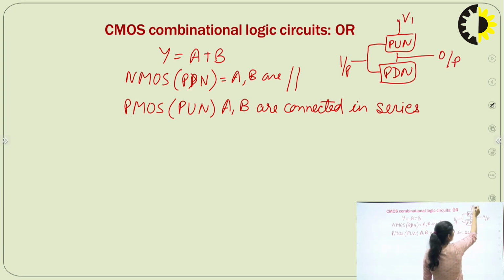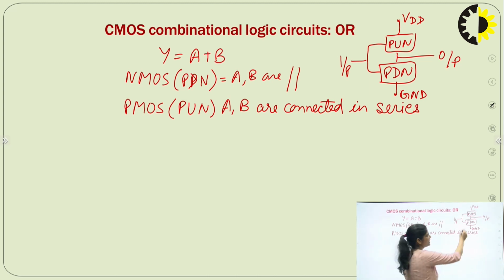This is connected to VDD and this is connected to ground. So this is the CMOS implementation where PMOS is the pull up network and NMOS is the pull down network. Input is given from here, and you get the output from this terminal. One terminal of the pull-up network is connected to VDD and one terminal of the pull-down network is connected to ground. So this is the CMOS implementation.